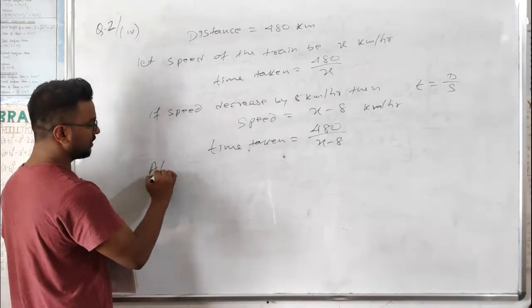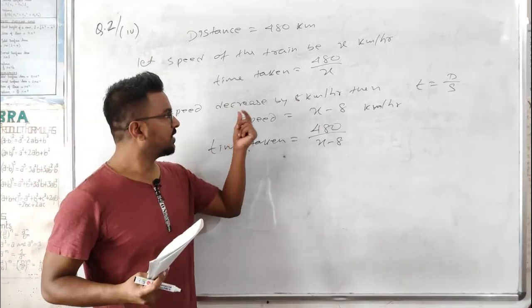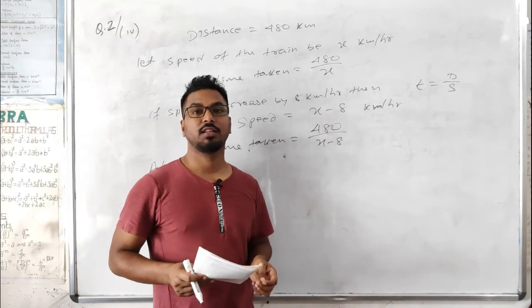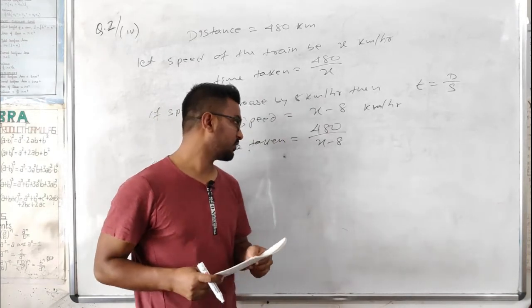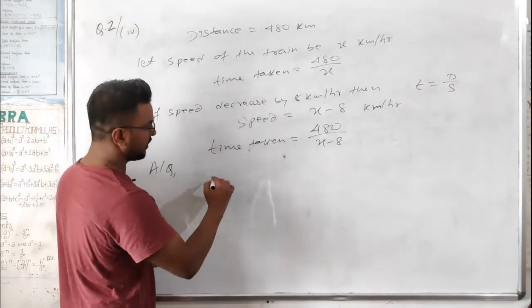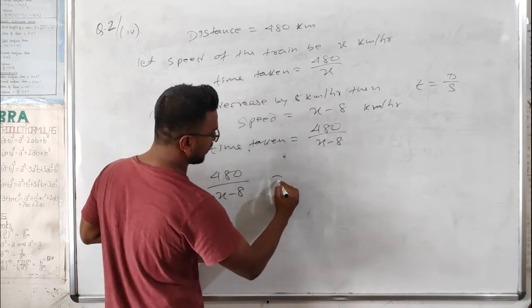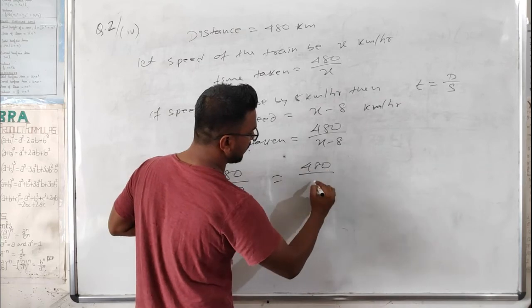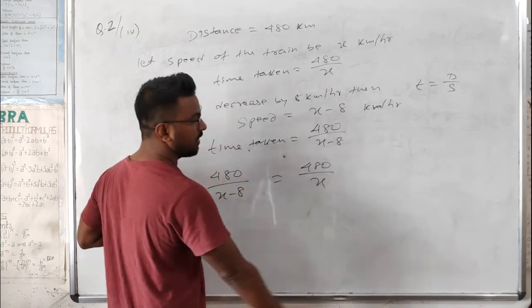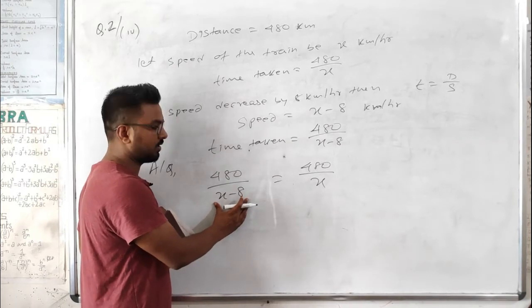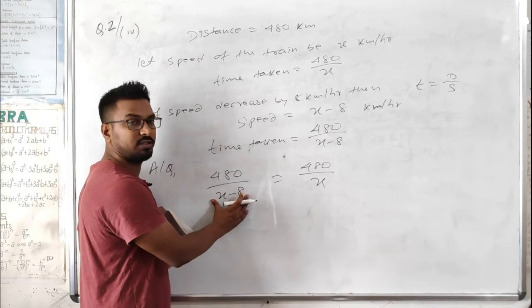Now according to the question, if the speed of the train is decreased by 8 km per hour, then it will take 3 hours more. Okay, so what we will do? First we'll write 480 by x minus 8, and on the right hand side we write 480 by x. So this is the initial time taken, but if it decreased by 8 km per hour, the time taken will be this one.